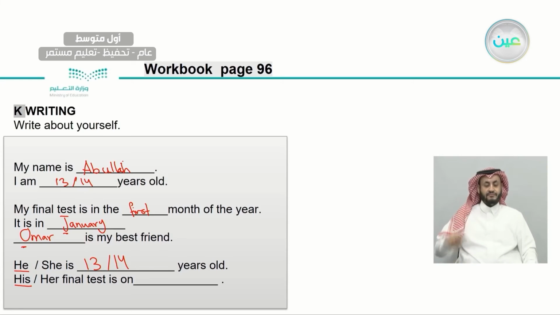His final test is on July 7th. Okay, remember it's a specific date. So I started with the month followed by the day. Always make sure you capitalize the names, cities, countries.